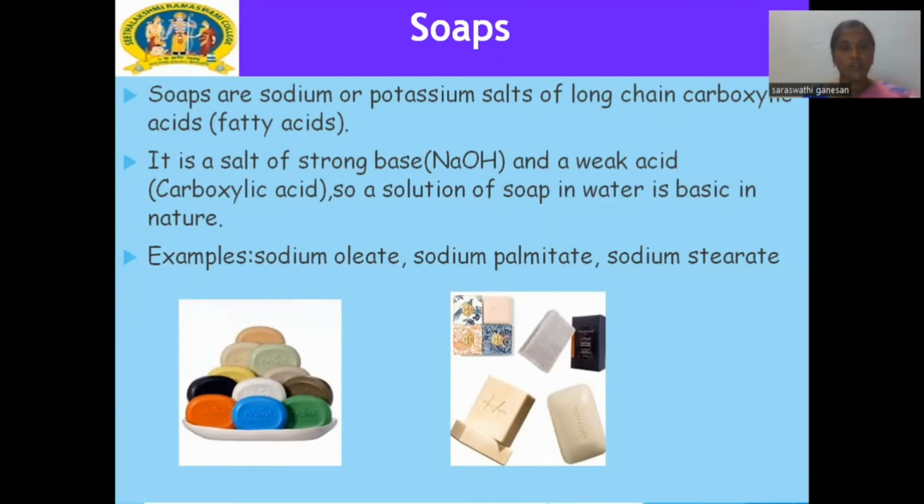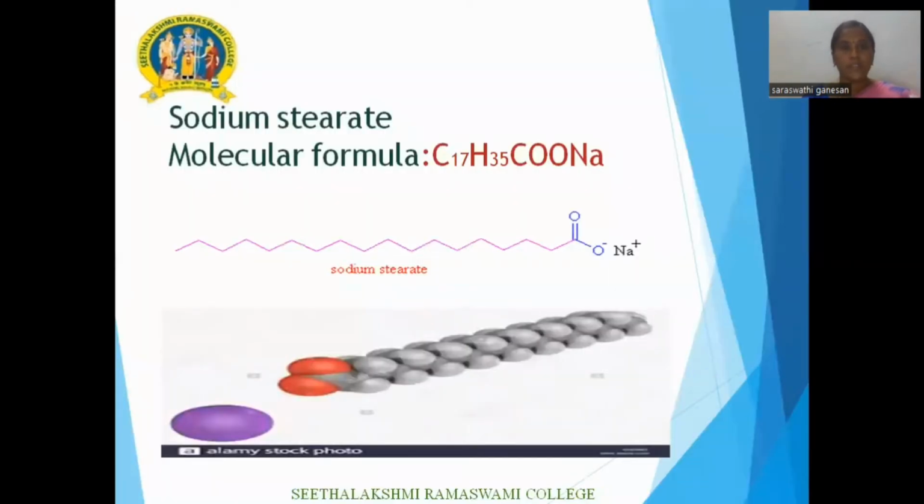Potassium soaps are softer than sodium soaps, and hence they are used for special purposes like shaving creams and liquid soaps. Some of the examples of soap include sodium oleate, sodium palmitate, and sodium stearate. This is the structure of sodium stearate, which does not have any unsaturation in the hydrocarbon chain.